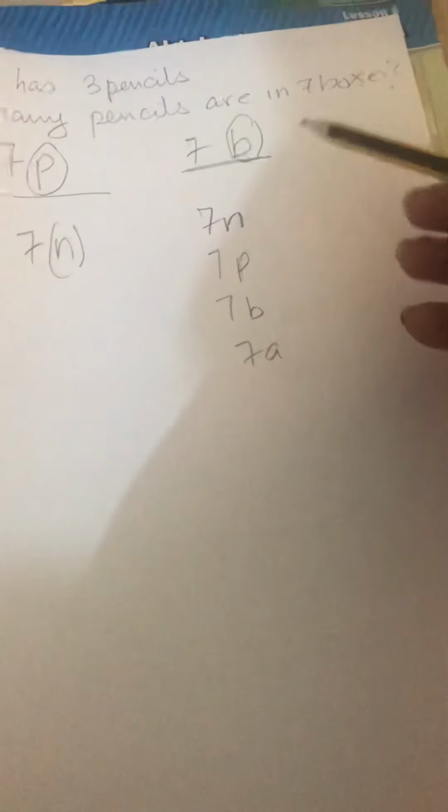So this is how you write it. 7N or 7P or 7B or 7A. You can choose whatever letter you want to use there. So these letters are what we are calling variable. Okay? It will keep on changing, because this number will keep changing.